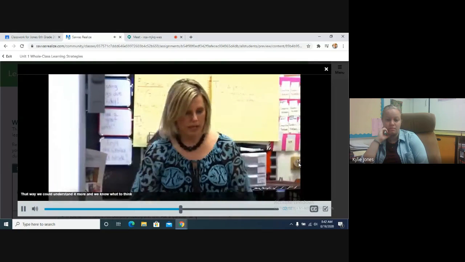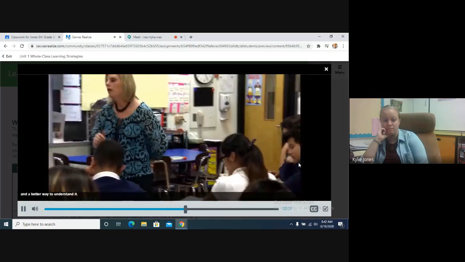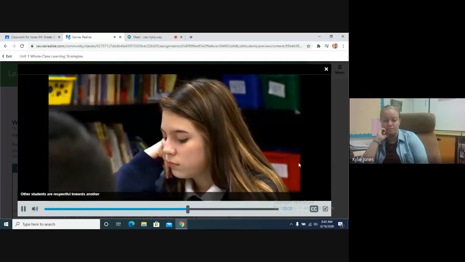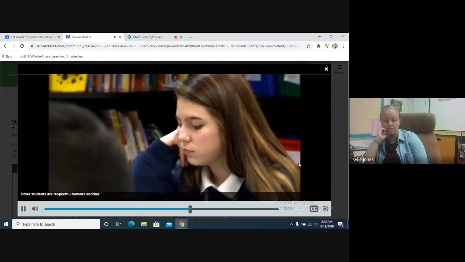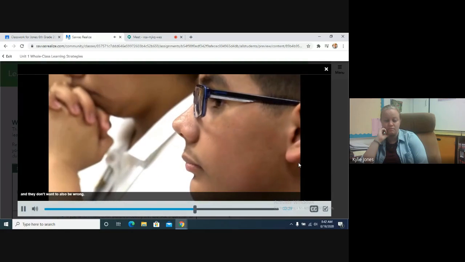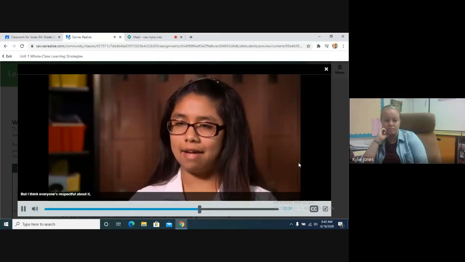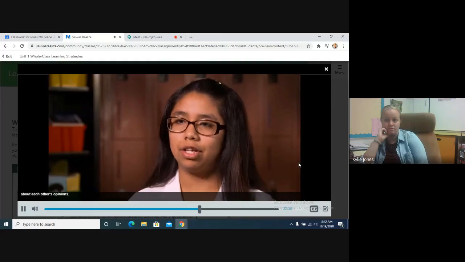That way we could understand it more and know what to think and a better way to understand it. Other students are respectful towards one another about their own opinions because they also have their own opinions and they don't want to be wrong either, but I think everyone's respectful about each other's opinions.